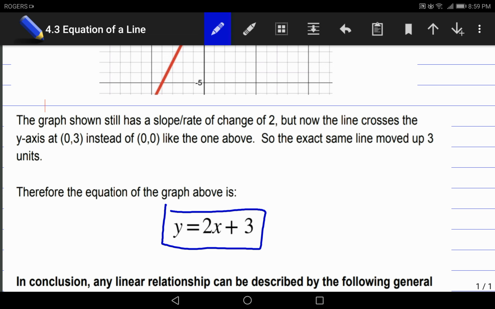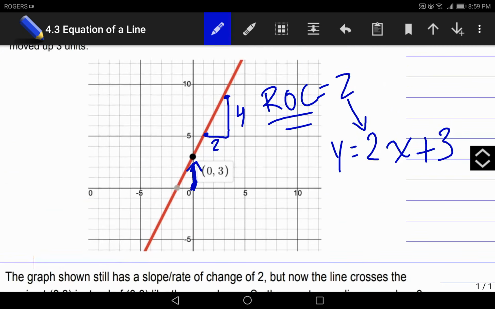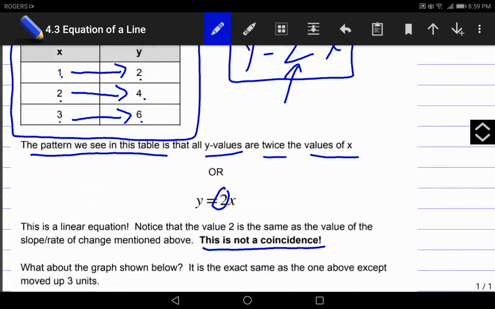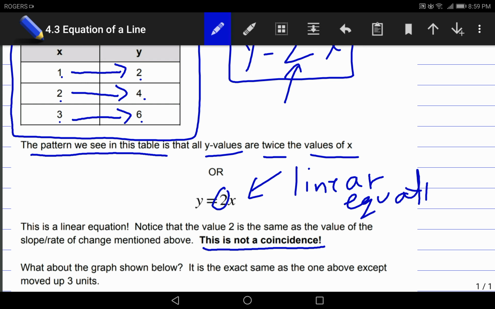So that's about as involved as a linear equation is going to get. This is a linear equation. And y equals 2x was also a linear equation. They're both linear equations. It just so happens that for this equation, it only has a 2x.